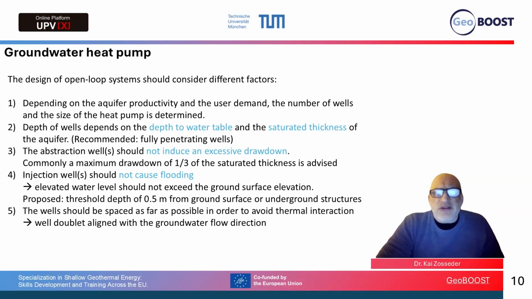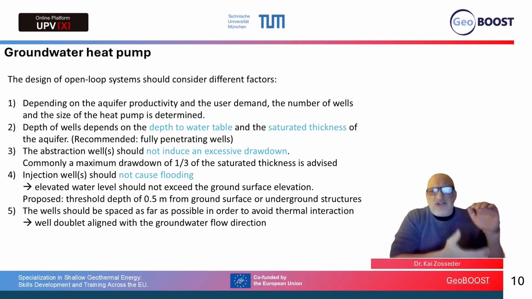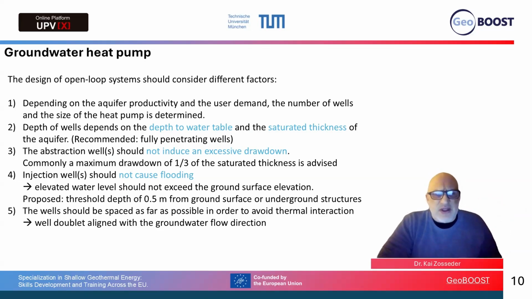Normally, it is recommended that the wells are fully penetrating, so we actually use the whole saturated thickness of the aquifer. But in practice, you also see that it is not fully penetrated, that it is drilled just a few meters into the aquifer. Sometimes this works as well, but fully penetrating is recommended.